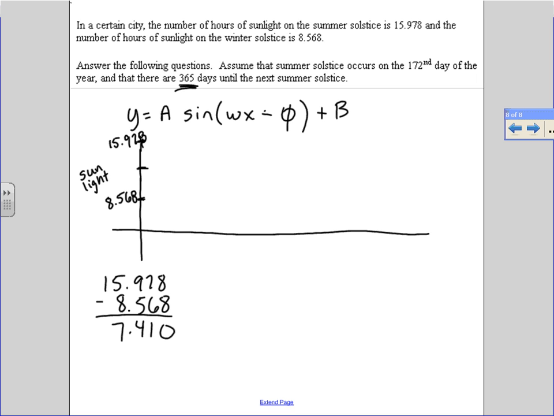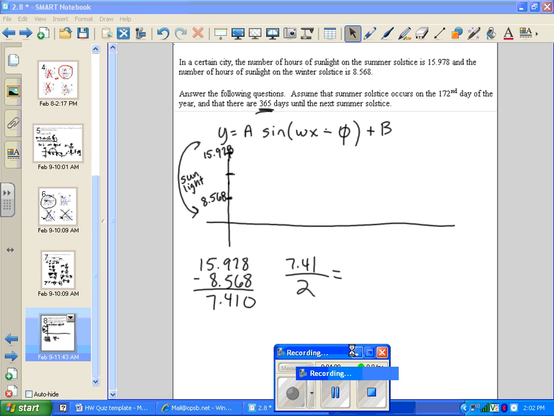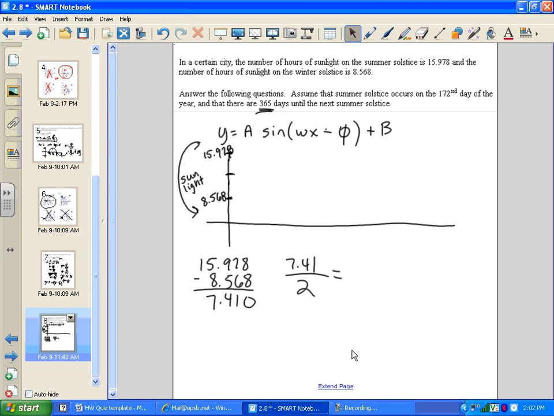Understand the distance from here to here is a difference of about 7 hours. The center line is basically just going to be half of that. So in my calculator I'll punch in 7.41 divided by 2 to find that midpoint. That's going to give me about 3.705.